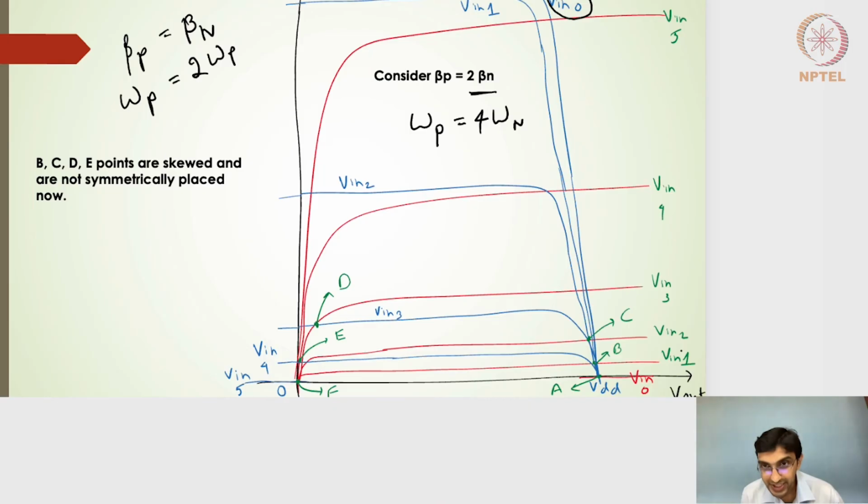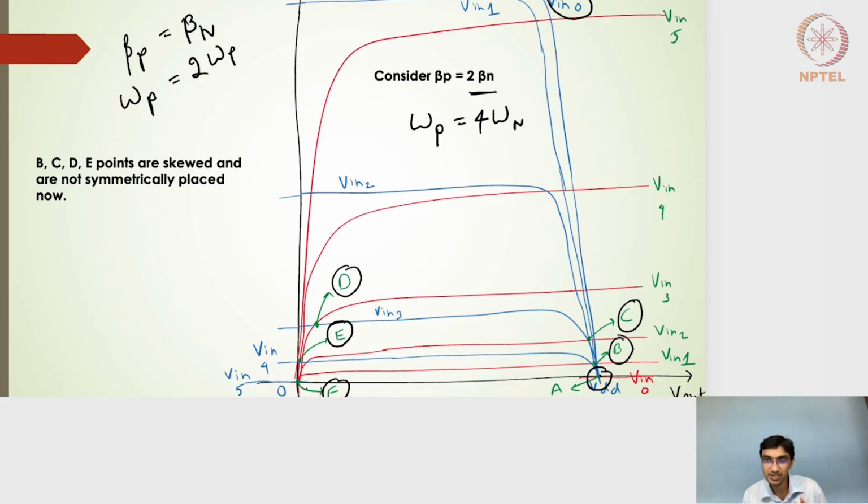For the input voltage of 0, wherever the current of the PMOS intersects with that of the NMOS, we will get this particular point A. Similarly, for input voltage of 1, wherever the PMOS current is intersecting with the NMOS current, we will get this particular point B. And similarly, point C for the input voltage of 2, point D for the input voltage of 3, point E and point F for the input voltage of 4 and 5 volts respectively.